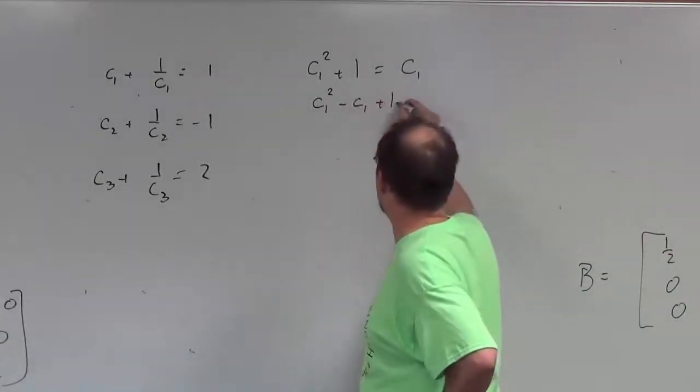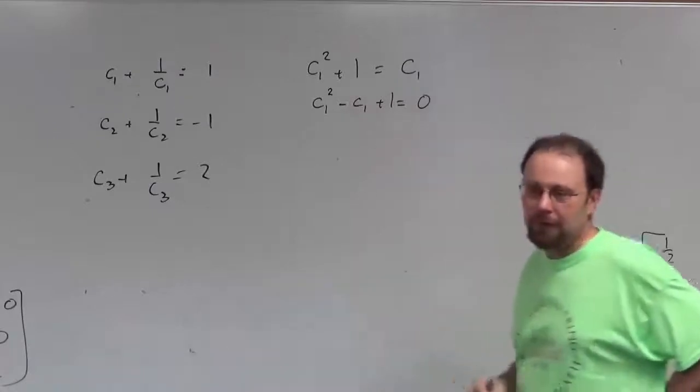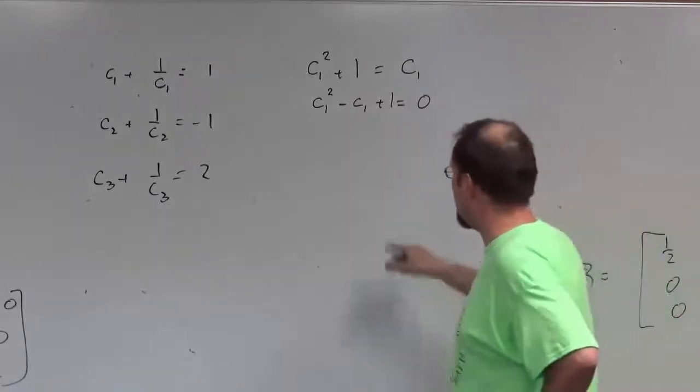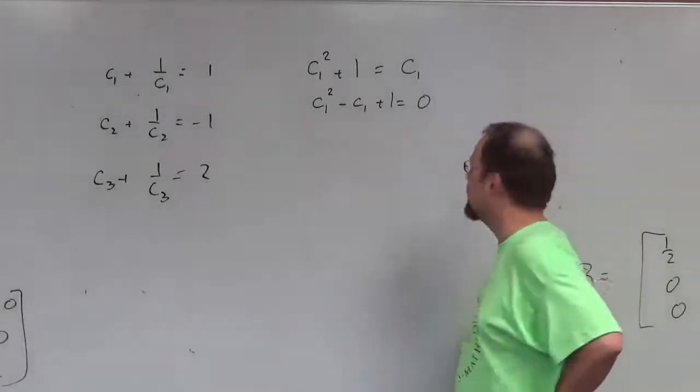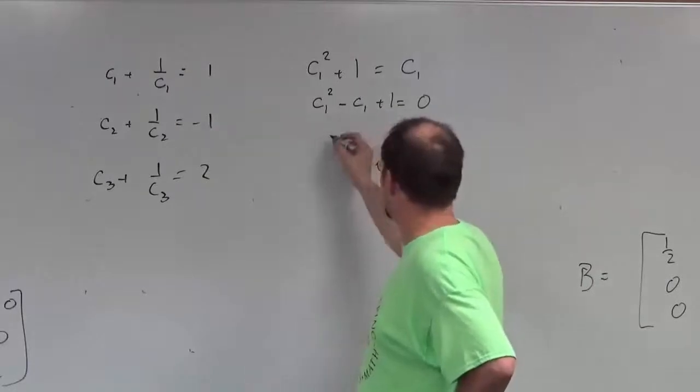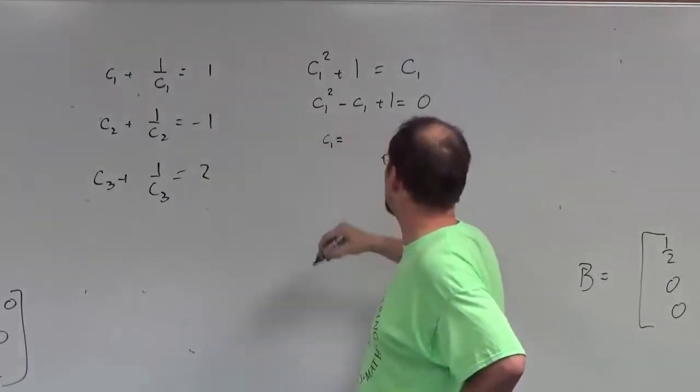Now the solutions we might get might not be real numbers, right? This is a quadratic, and it's not guaranteed that this quadratic has real roots, right? So I'll just use the quadratic formula here.